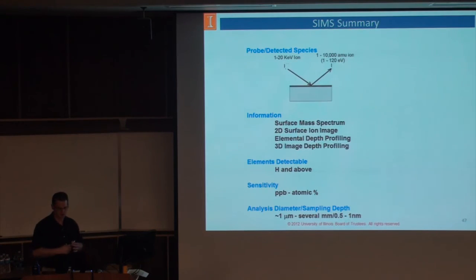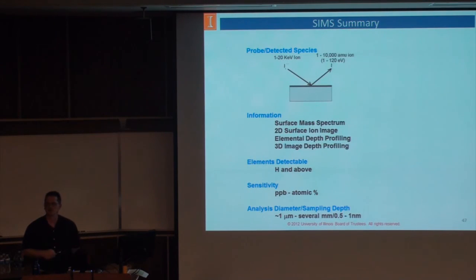So to give a summary here for the SIMS, we have some 1 to 20 keV primary ions that come in, and then we measure secondary ions coming out. We get information on surface mass spectrum, 2D surface ion images, and we can do elemental depth profiling or 3D image depth profiling. We have the ability to measure hydrogen and everything above, and we have incredible sensitivity, parts per billion up to about 1 atomic percent.